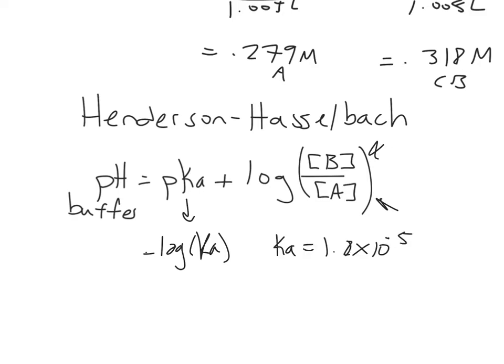Now it didn't list this in this problem particularly, but I know from working with it so much that the Ka for acetic acid is 1.8 times 10 to the negative fifth.